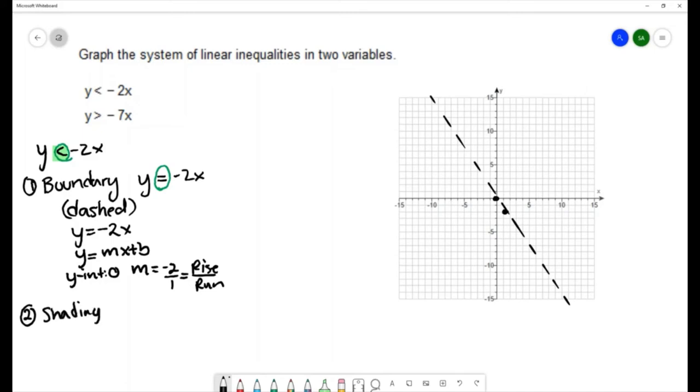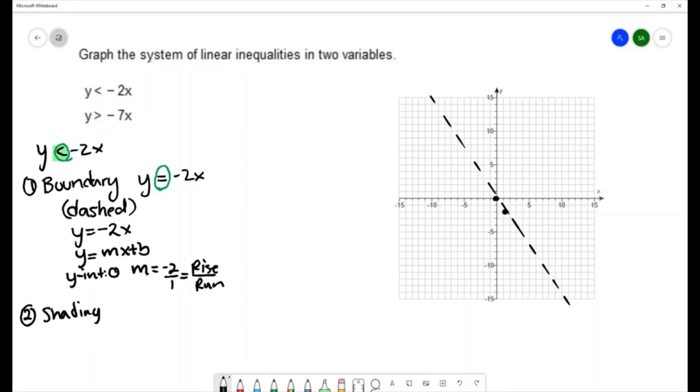Now the shading, we have this boundary line dividing up the plane into two parts. One side of that boundary line will contain ordered pairs that are the solution and that make the inequality true, and the other side will include points that make the inequality false and are not solutions.